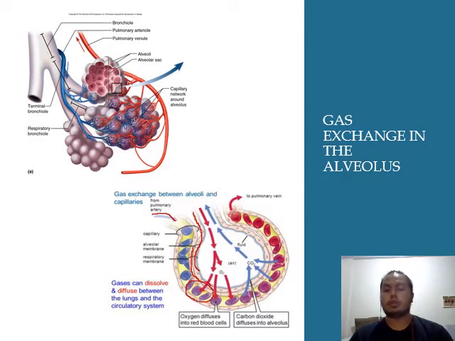So, if you look at the table, you'll see that mixed venous blood, yan yung nasa pulmonary artery, has a partial pressure of oxygen at 40. Tapos, to compare it with the partial pressure of oxygen inside the alveolus, yung hangin na in-inhale nyo, the partial pressure is 104. So, anong mas malaki? 104 or 40?